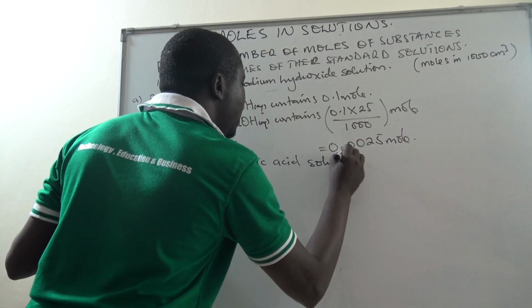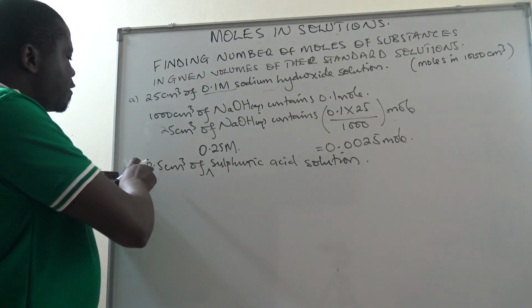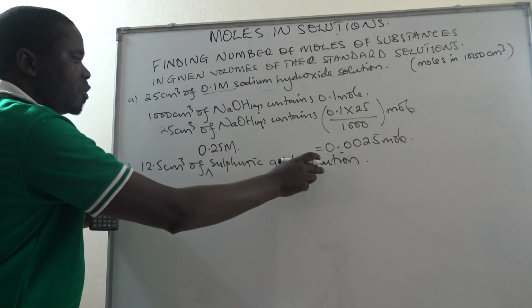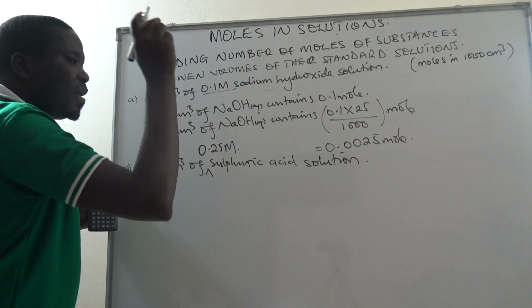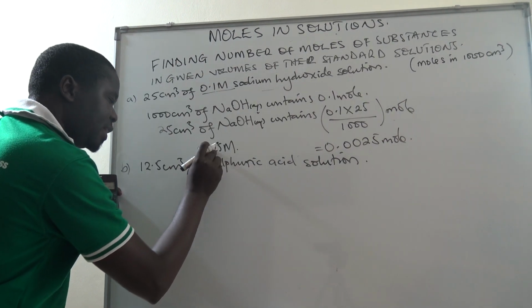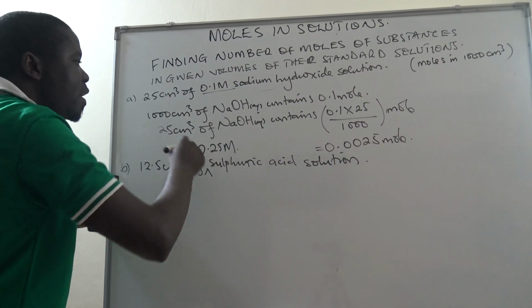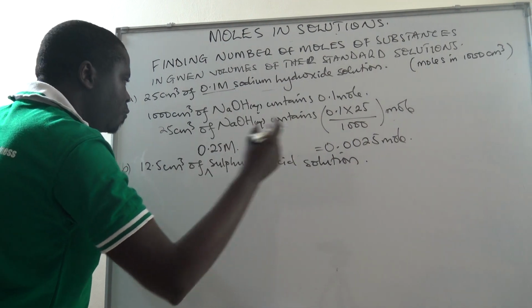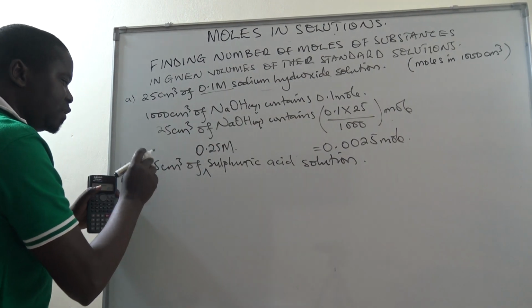Let us look for the number of moles in the 12.5 cubic centimeters of this solution whose molarity is here. So we start from the molarity in this case by interpreting it, which will help us to get the number of moles in this volume here.